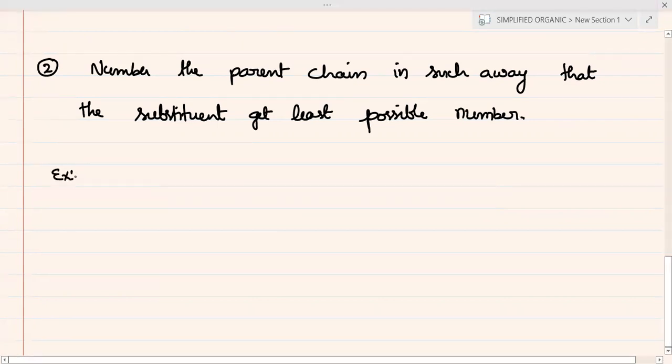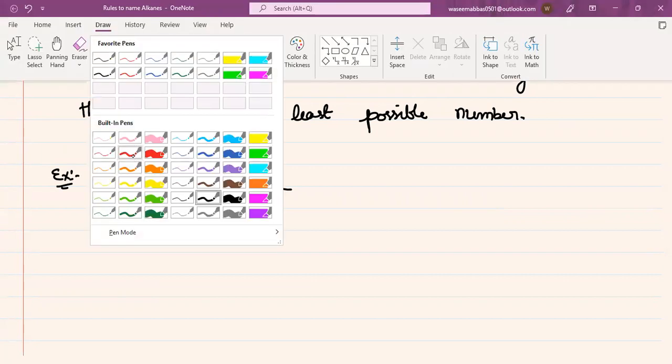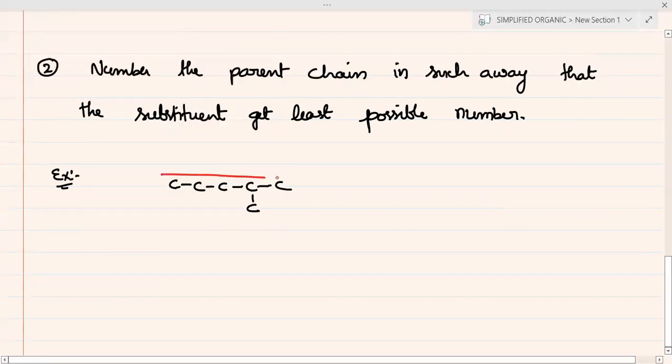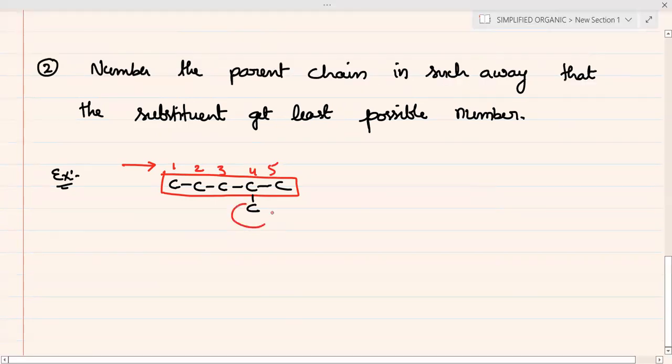For example, if I have this carbon chain, and this is the parent chain, the longest chain, and if I number from this direction, 1, 2, 3, 4, 5, the substituent is getting the 4th position.